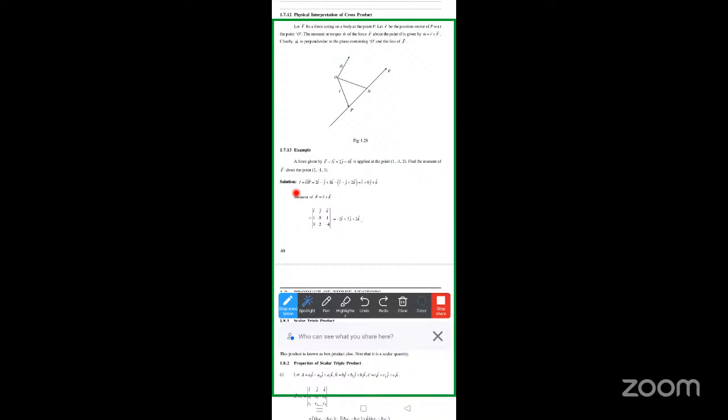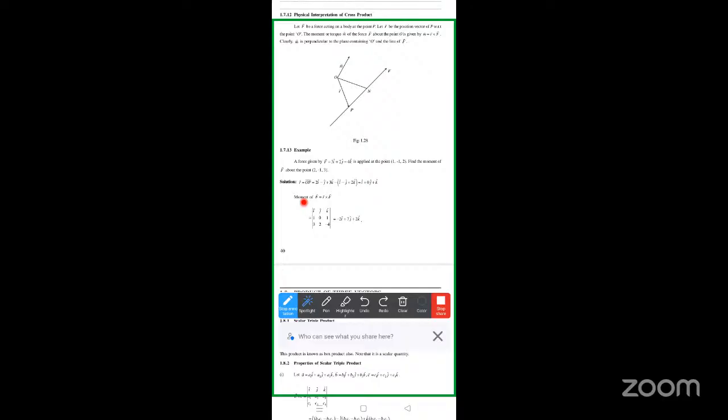R is equal to OP, that is (2i - j + 3k) minus (i - j + 2k). So this is the position vector R, that is i + 0j + k.